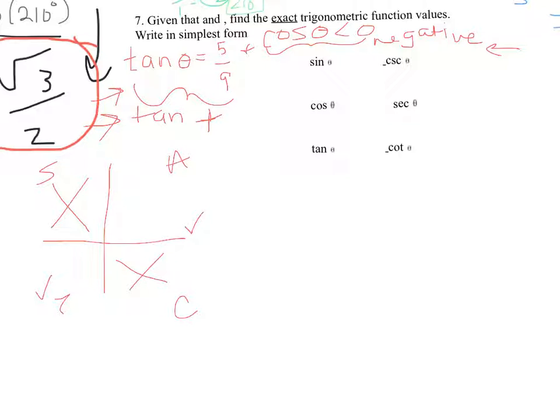We then look at our second restriction. So if cos has to be negative, and we're between quadrant 1 and quadrant 3, it's got to be in quadrant 3, because cosine is negative here. Only tangent and cotan are positive. So we're going to draw a triangle in quadrant 3.